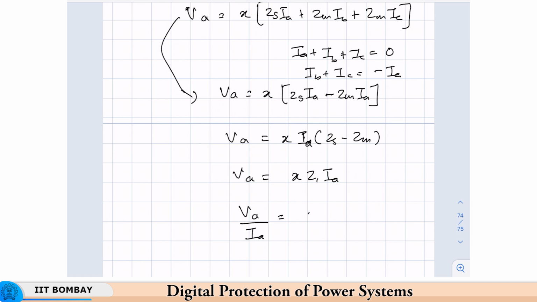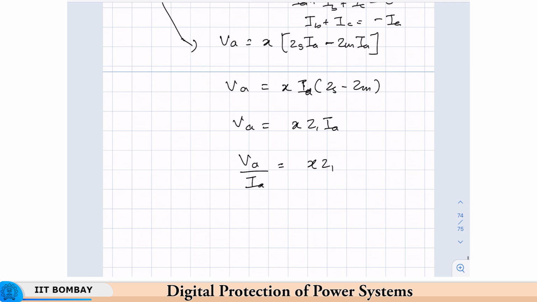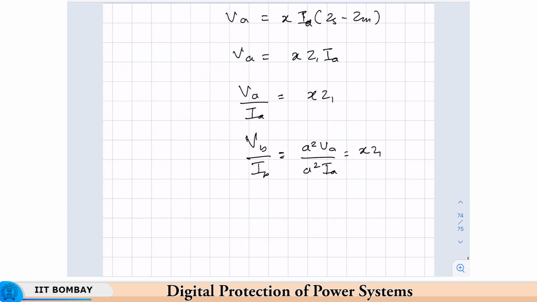Similarly, VC by IC is equal to AVA upon AIA, which is also equal to XZ1. So now you have got three elements for a three-phase fault: VA by IA, VB by IB, and VC by IC.